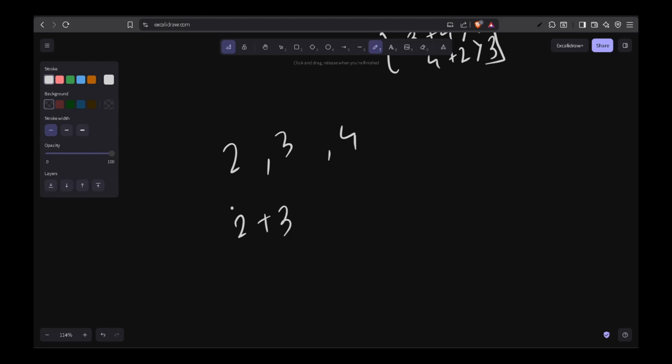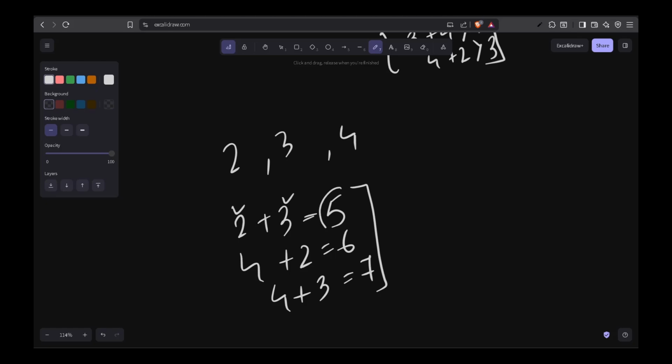Why? Because 2 and 3 are the smallest out of the three available numbers. So the sum is 5, which means the sum of 2 and 3 will also be the smallest sum possible. The other sums are 4 plus 2 equal to 6 and 4 plus 3 equal to 7. As you can see, out of these three, the smallest sum is 5, and that is of 2 and 3.